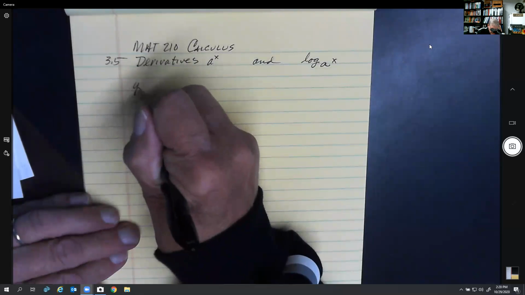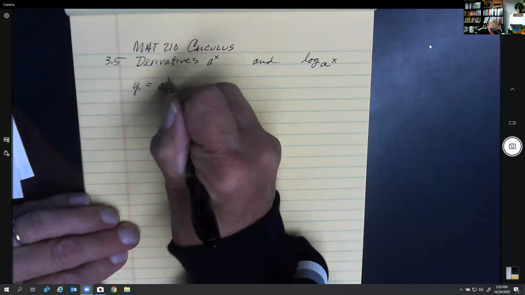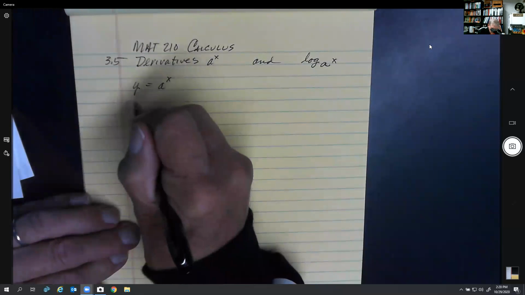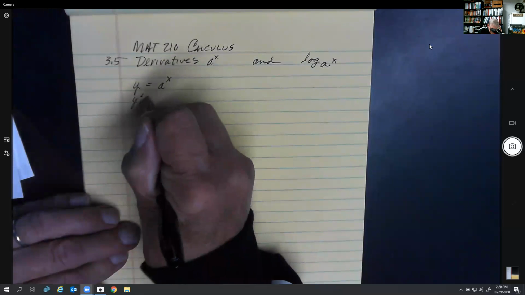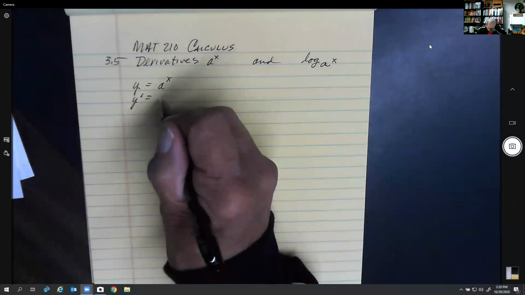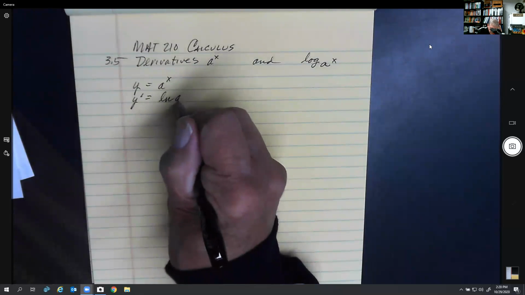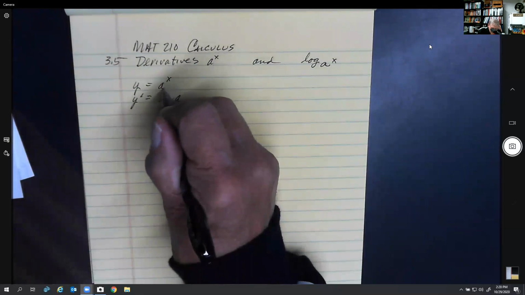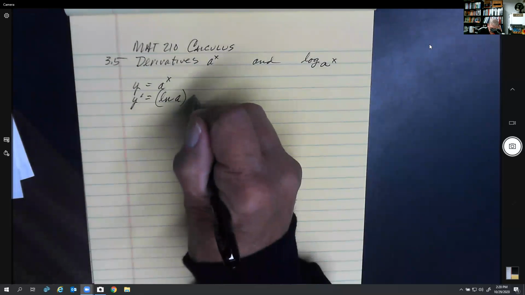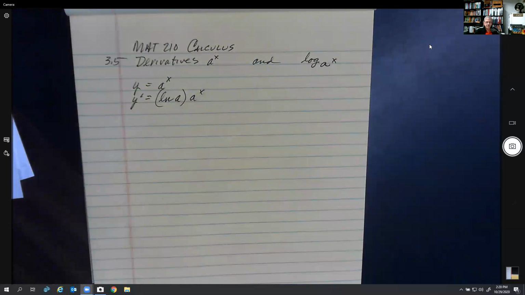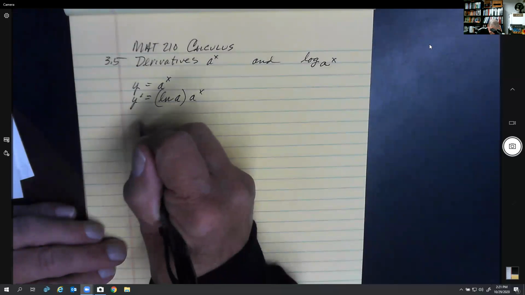If y equals a to the x, then the derivative of that is going to be the natural log of a. Remember, a stands for a number, times the original problem, a to the x. So let me give you a few examples.